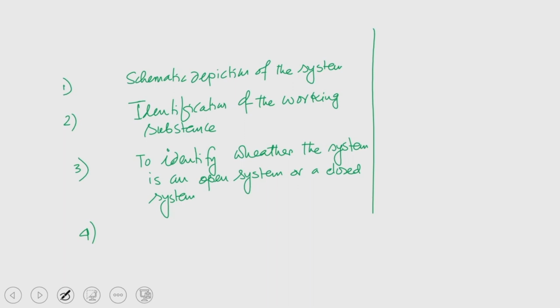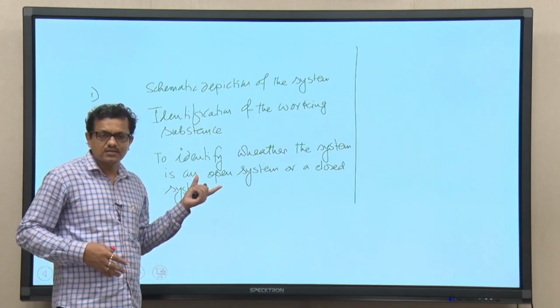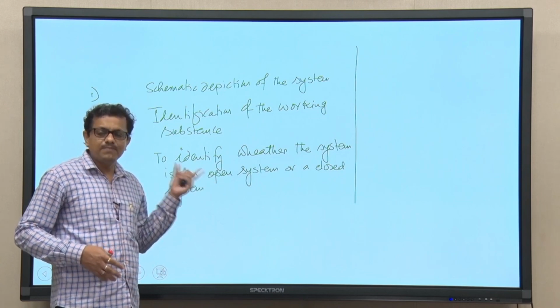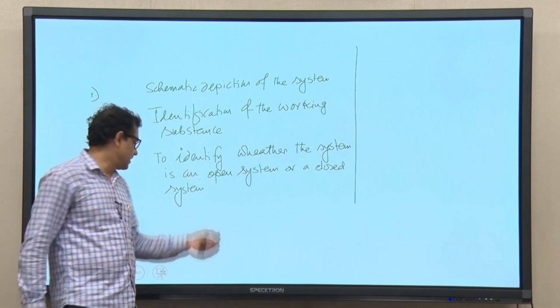So, what is 4? If we identify that the system is an open system, fine. If it is not an open system, if it is a closed system, then after identifying it, we need to identify the processes. So, the next task is to identify what the processes are, and map those processes in different thermodynamic planes.